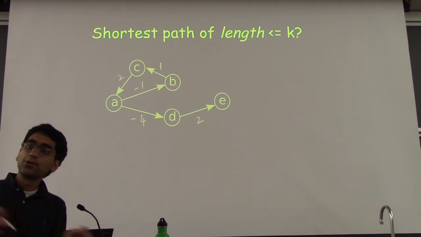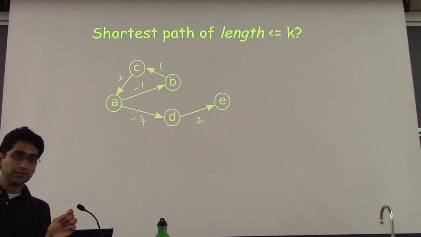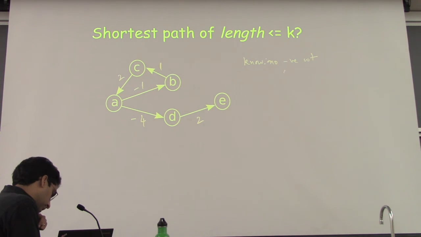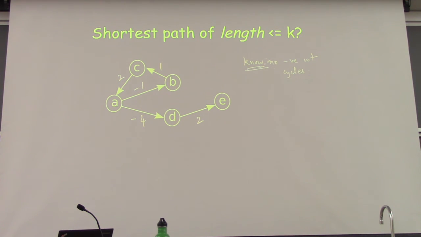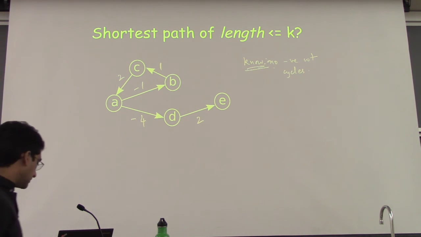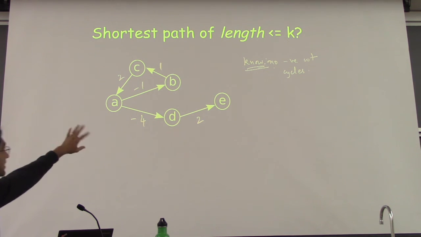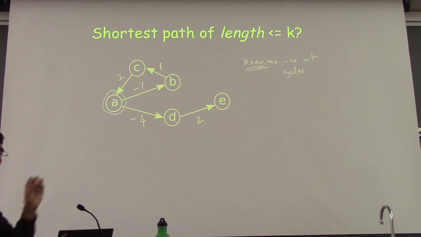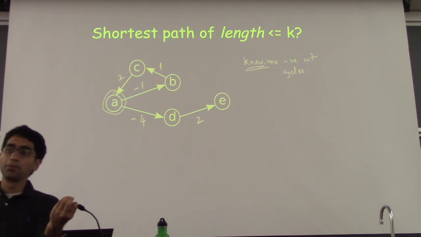And you know it has no negative weight cycles. And we want to find shortest paths between vertices. Let's say I want to find shortest paths starting from some vertex. So the same problem as before.